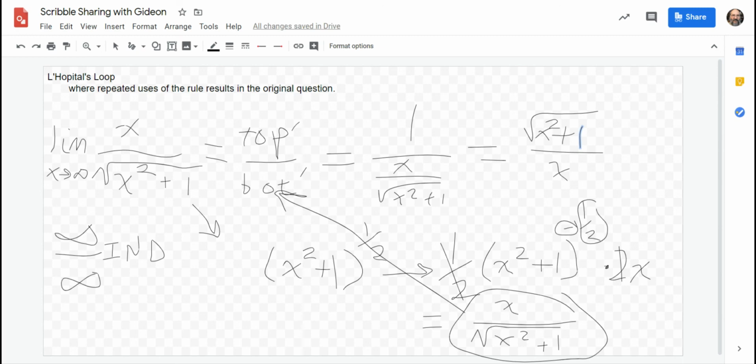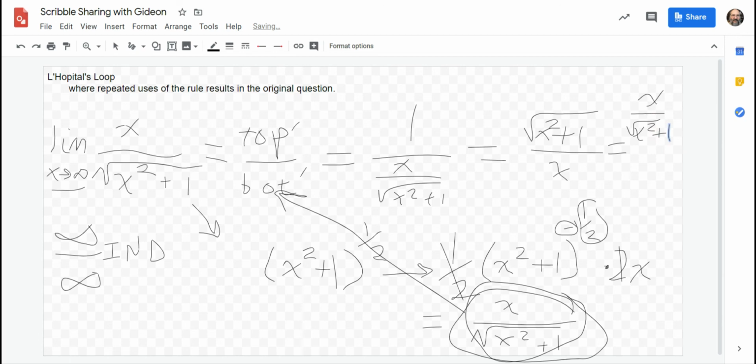Because, all right, that's the answer. I have to take the limit as x goes to infinity to make sure it's indeterminate. Yes, I get infinity over infinity. So yes, I can apply L'Hopital's rule. So yes, I need the derivative of the top, but we already determined the derivative of the top is x over the square root of x squared plus 1, right?